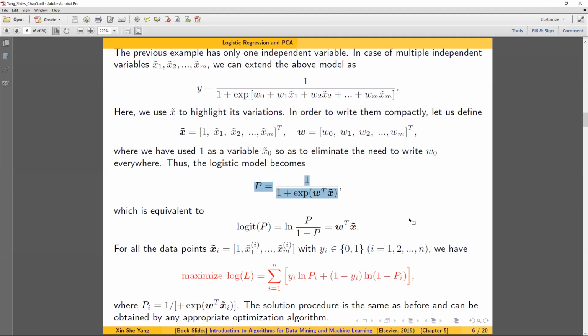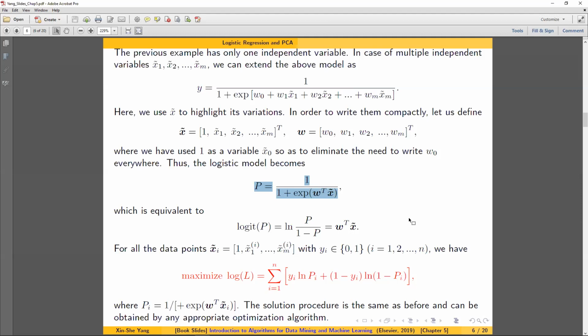And then we can use the logit: ln of P divided by (1 minus P) equals W transpose times x tilde. That is the logistic regression for multiple independent variables.